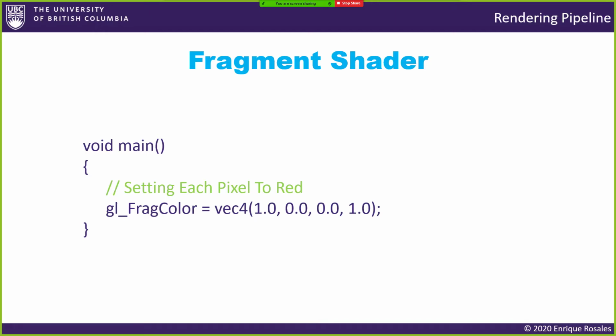The color of your pixel will not be the color of the closest fragment, but a combination of the closest fragment that is transparent with the fragment that is behind it. So the alpha value is used on the last stage of the pipeline to define the color of the pixel, depending on its transparency.